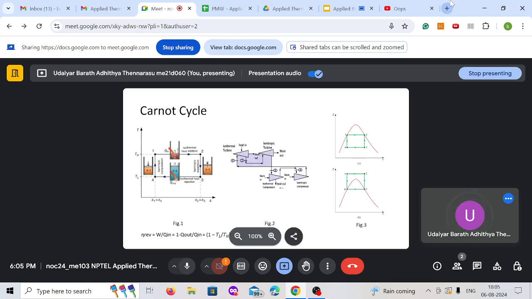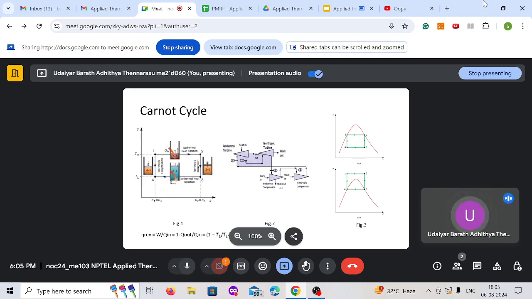And also, there are other limitations for having a constant temperature process. You can put the cycle inside a vapor dome.